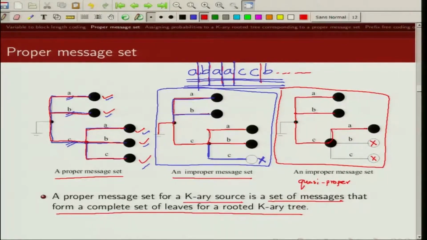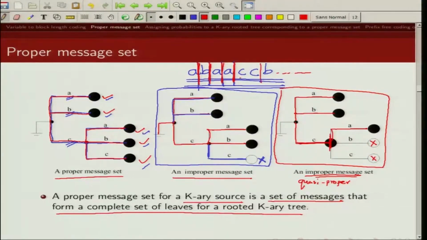If B or C comes, I will just use C. So if I get an A and I use this message set, this is my message boundary. If I get a B, this is my message boundary. If I get a C, this is my message boundary. If I get an A, that's my message boundary. That's how the source is getting parsed.